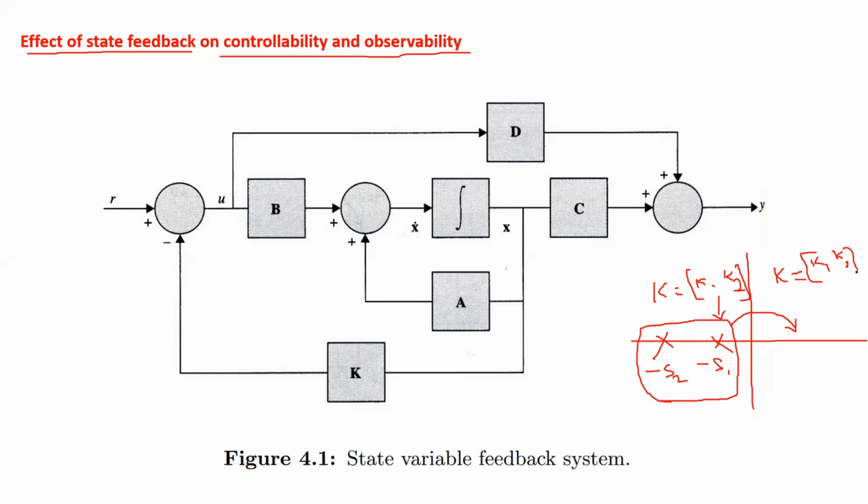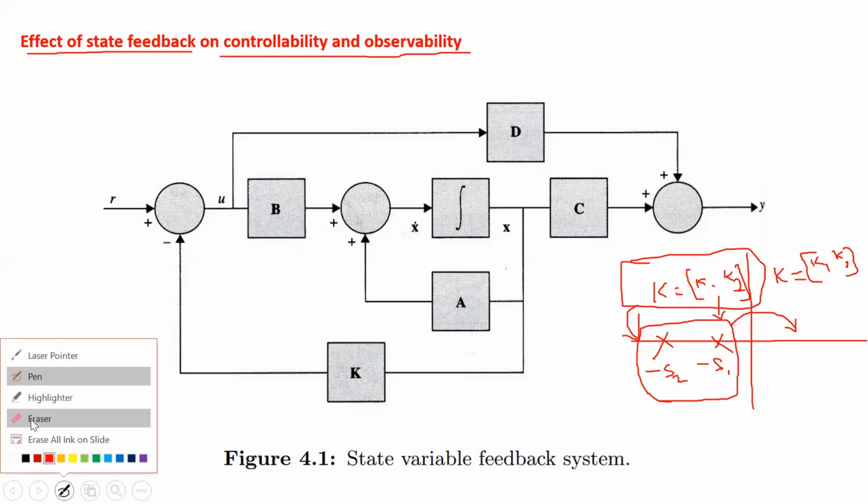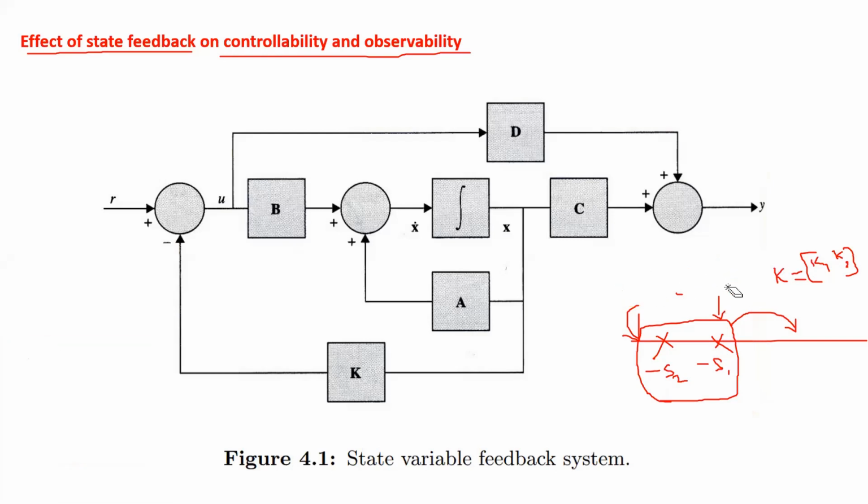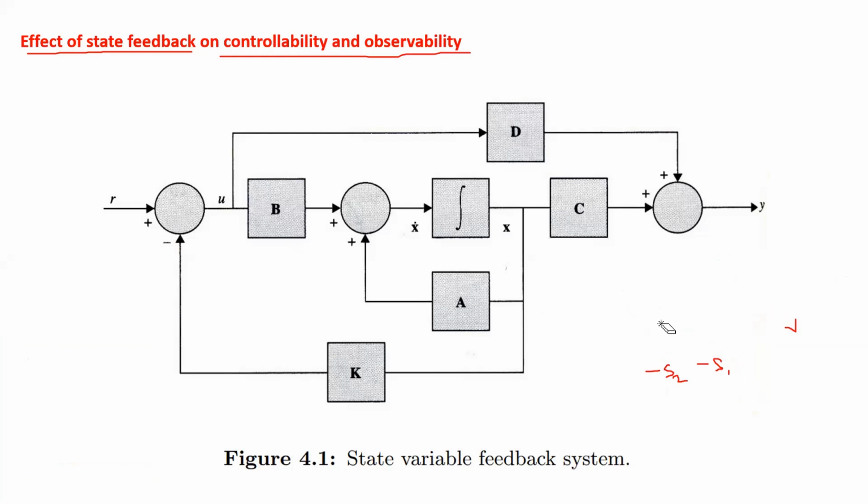This is what we are going to see in the present class: how to design the gain K with respect to the desired closed loop poles. That is called pole placement. That means, based on the location of the poles, how the gain constant K can be designed.